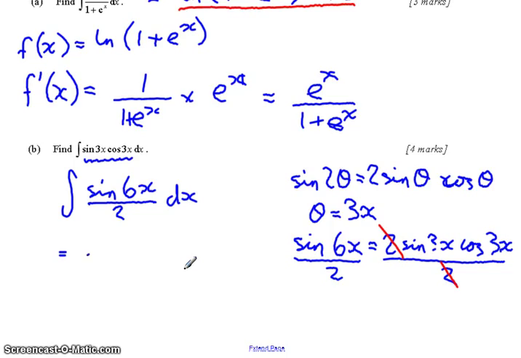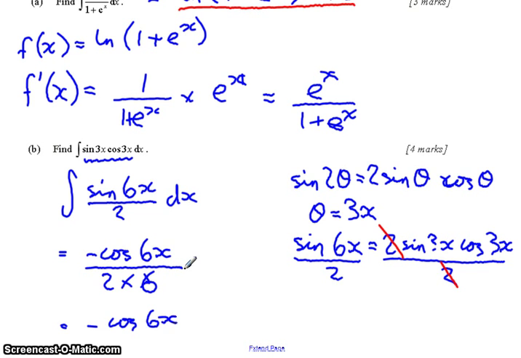It becomes minus cosine 6x, and we then have to divide by 6, because when we differentiate the cos 6x, it becomes minus plus sine, and then we multiply by 6, and we need to cancel that out. So our final answer becomes minus cos 6x divided by 12 plus c. And there we go.